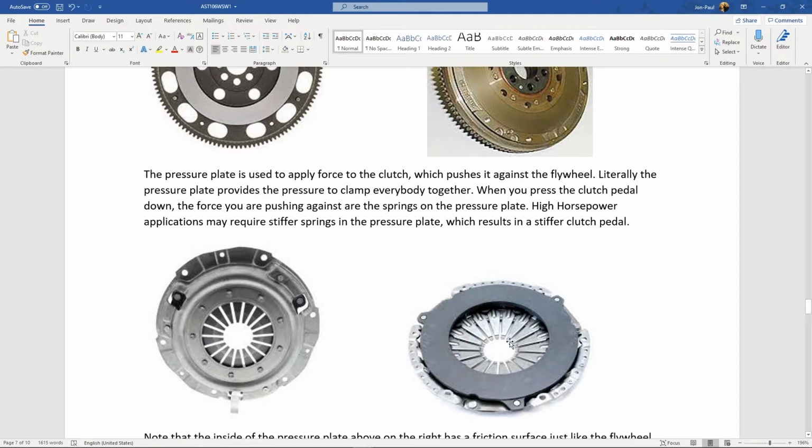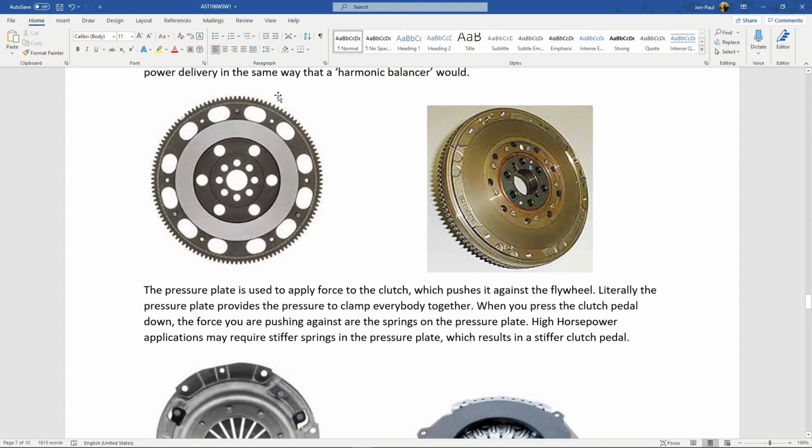So it's really hard to see and imagine the way that the pressure plate flexes. And when we get in the classroom, I'll show you. I can't do it by hand, but I'll stand it up and we'll talk about it. But the idea here is we've got this flywheel bolted to the crankshaft, right? It doesn't move. Well, I mean, it moves with the crankshaft, but this guy's the engine now.